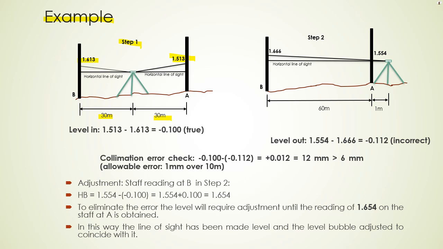So the true height difference between point A and point B is 1.513 minus 1.613. So then you have the full 0.1 meter. So point A to point B, you're going down 0.1 meter. So this is the height difference between point A and point B.